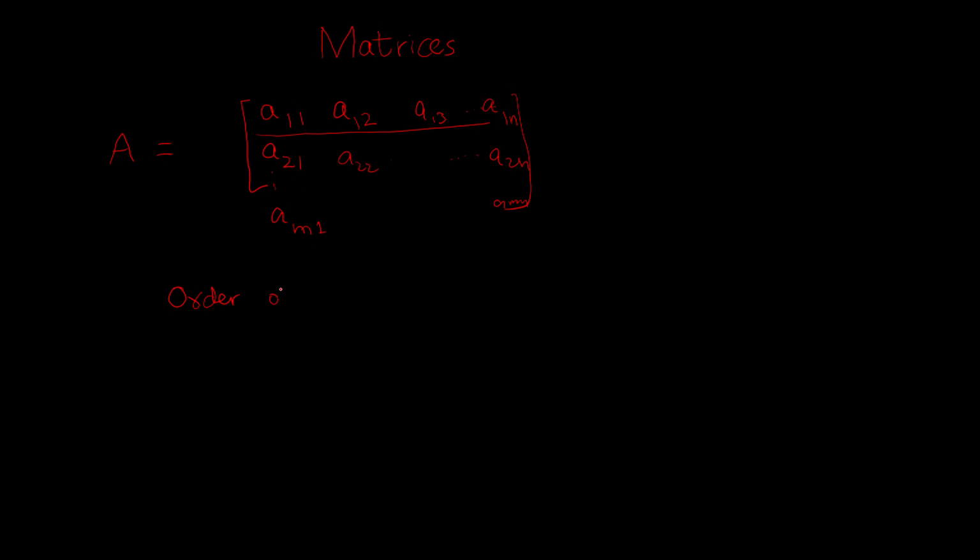Order of a matrix is equal to the number of rows cross the number of columns. You don't have to multiply them, you just write them in this format.